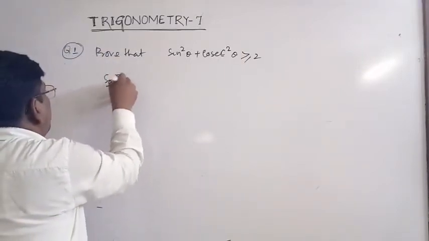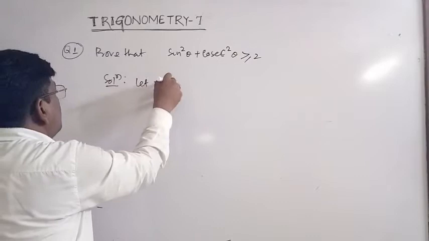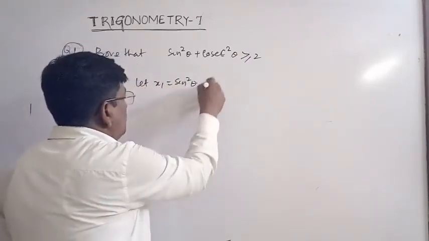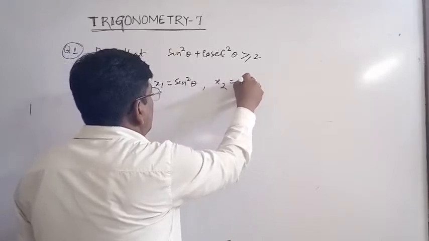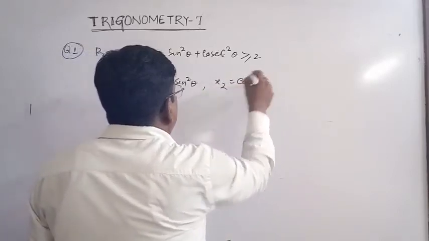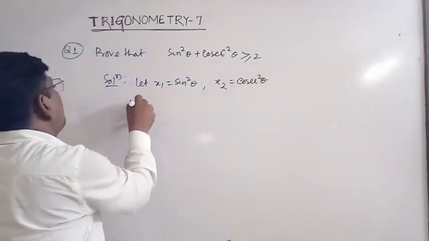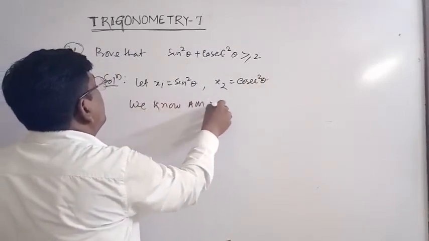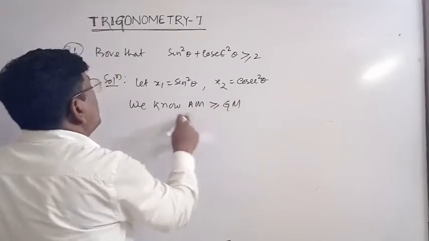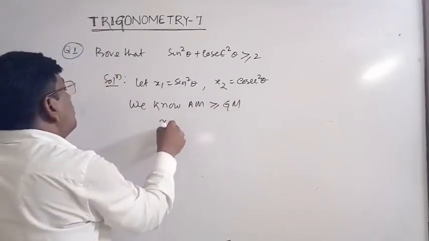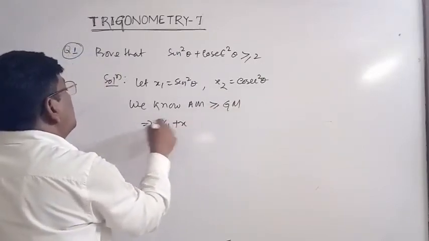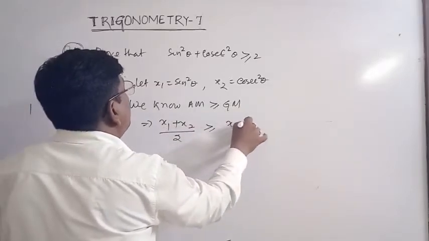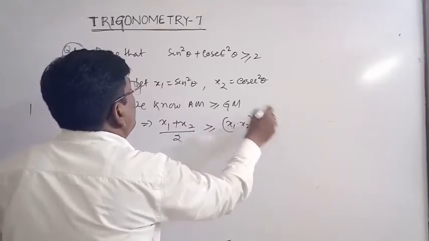Let x1 is equal to sin square theta, x2 is equal to cosec square theta. We know AM is greater than or equal to GM. What is the AM formula? That is for two terms, x1 plus x2 divided by 2 greater than or equal to x1 into x2 to the power 1 by 2.